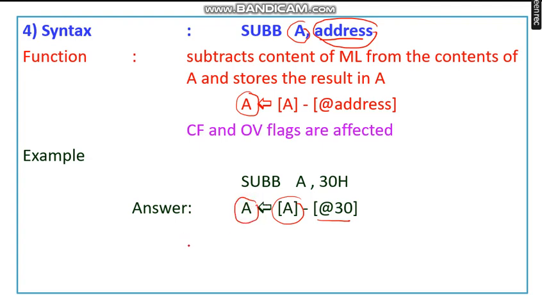So remember here that if you write instruction SUBB A, #30H, these are not the same. Here it is pointing an address, here this is the data. So do not get confused between hash and without hash, even though both are looking 30H, 30H.